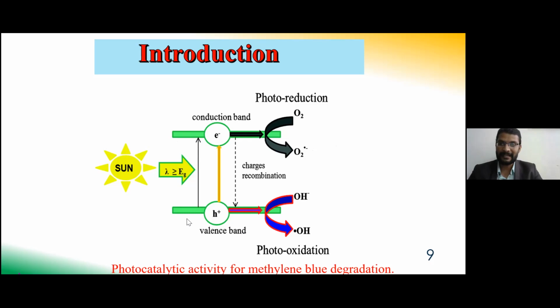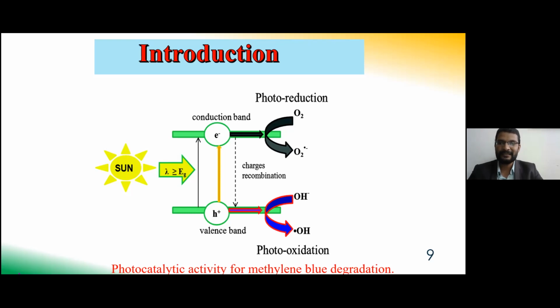For that purpose, I require a photocatalyst. That photocatalyst should have an optimum band gap. It should absorb the maximum sunlight. It should be stable in chemical and biological ways.